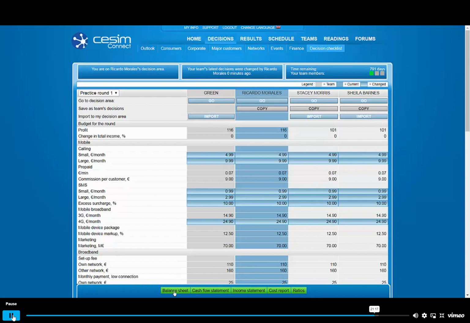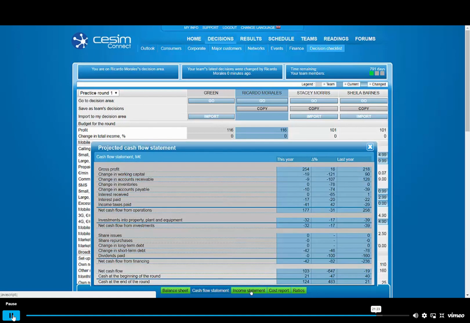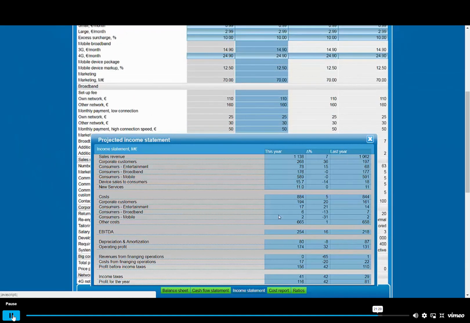Then at the bottom bar we find these projections. We have the balance sheet, cash flow statement and income statement, and that always shows the previous round actual figures and then the pro forma figures for this round. So this is a good row here to check before you finish your decision making, because then this shows what kind of profitability you expect to make for this round.